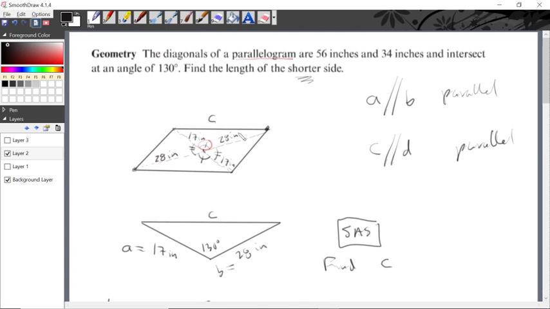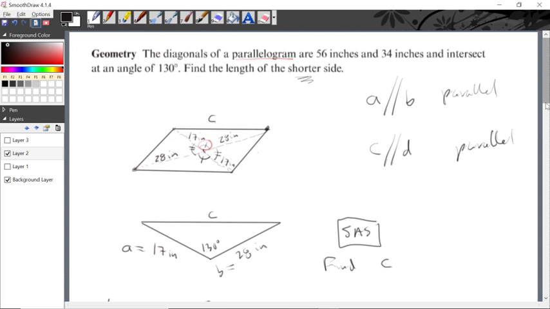I'm going to call this shorter side length X at this point. So I'm going to extract one of the other triangles. I'll take this right-hand triangle, for example. If that angle there was 130 degrees, then this angle here, which must be a supplement to it since they lie on a straight line, would have to be 50 degrees.